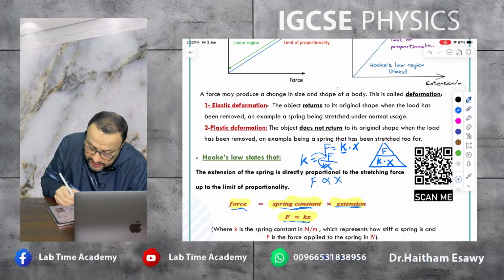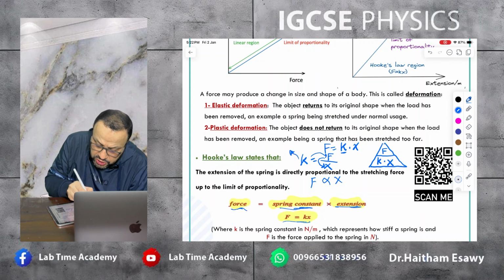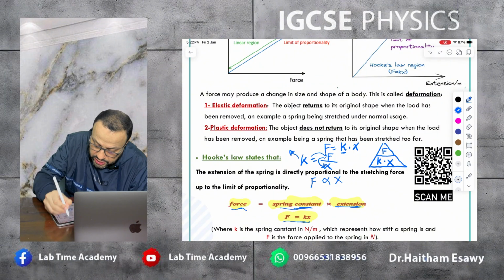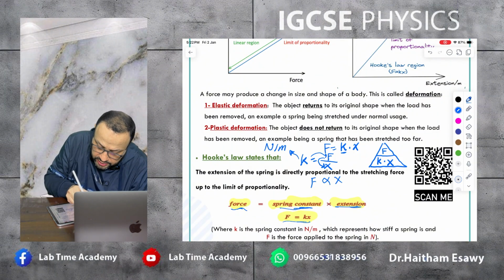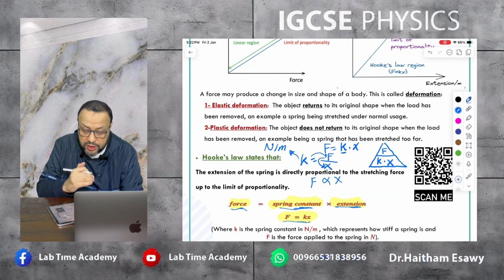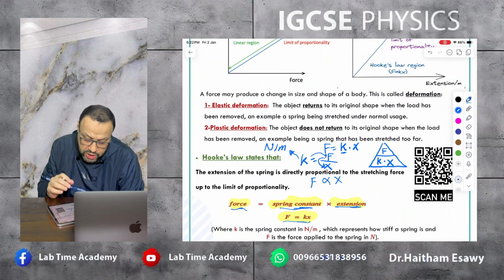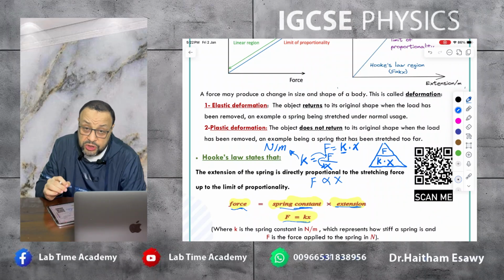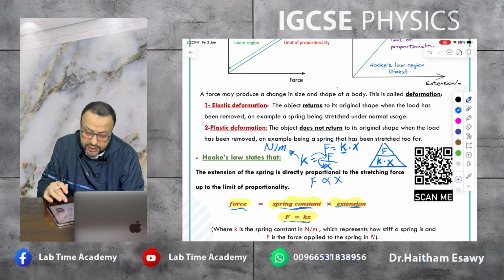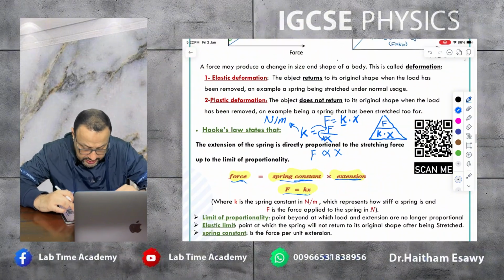For example, if the force is in newtons and the extension in meters, K will be measured in newtons per meter. If the extension is in centimeters, K will be measured in newtons per centimeter. So according to the unit of the extension, I can state the unit for K, the spring constant. Okay, let's talk about the limit of proportionality.